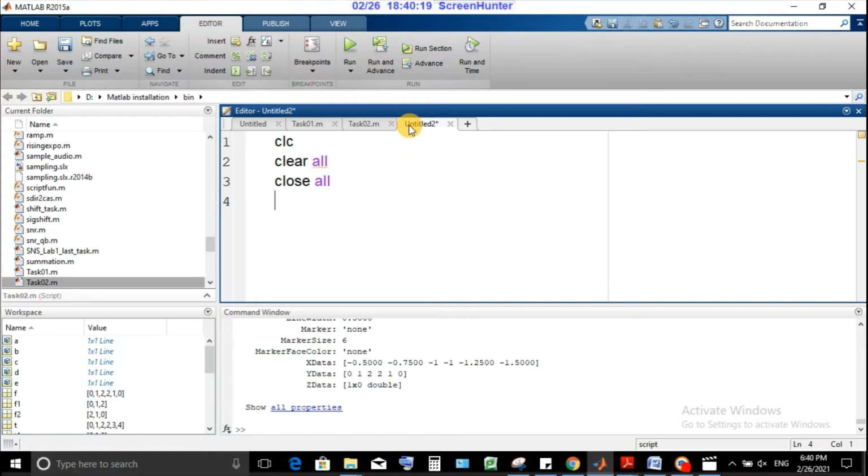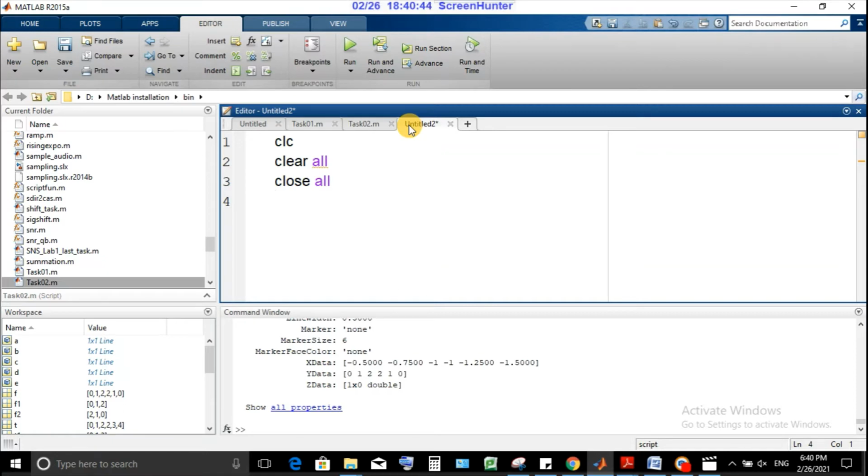We know the purpose of these commands. It's better to write these commands at the start of every script file. The exception is the case of functions, when we do not write these commands, because in the case of a normal script, these commands will help to remove the previous data.